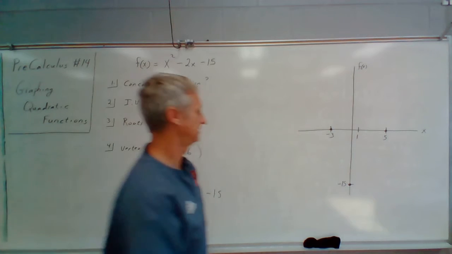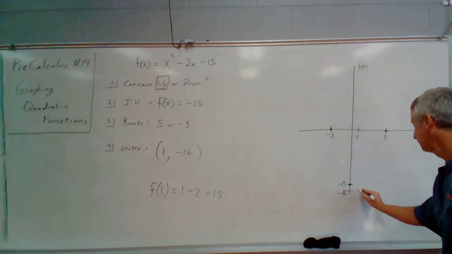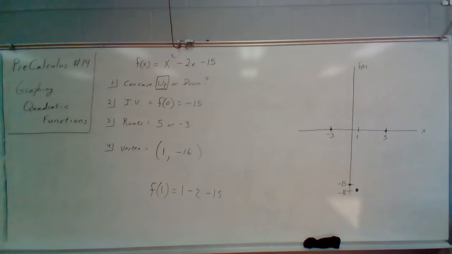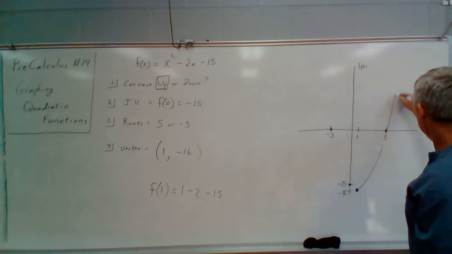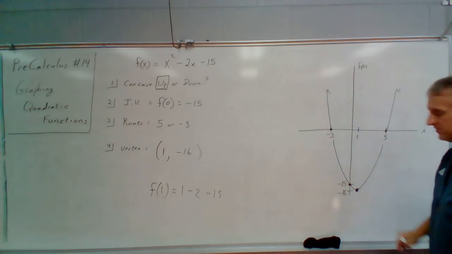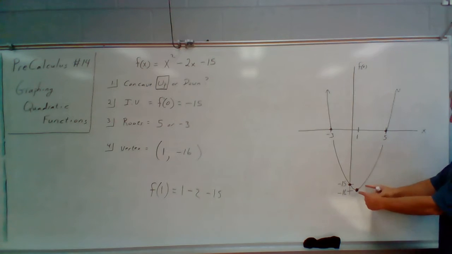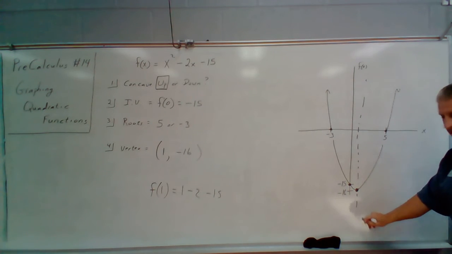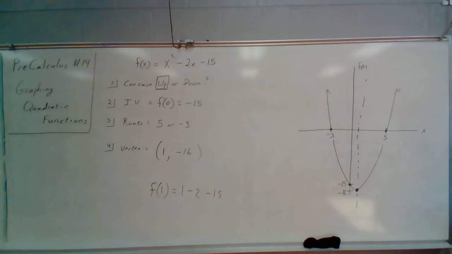So my vertex would be at 1, negative 16. Okay, this parabola should open up. It's going to look like this, and everything makes sense. It's going through the y-axis at negative 15. It is symmetrical around this axis of symmetry, 4 this way, 4 that way. So everything looks good.